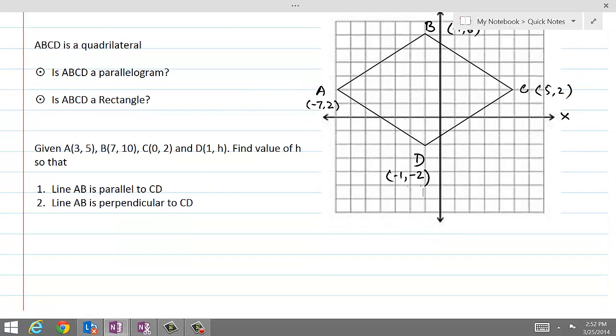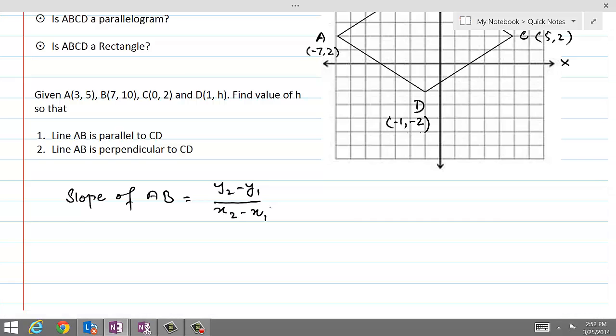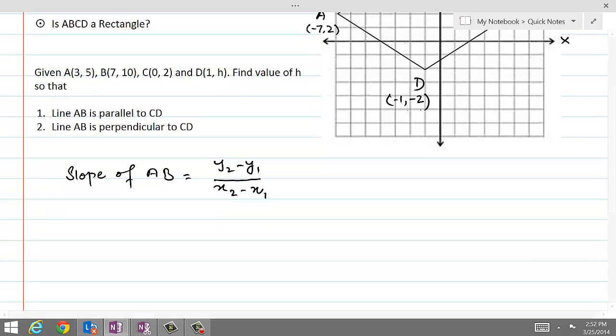So slope of AB is equal to, we'll use the formula y2 minus y1 over x2 minus x1. The starting point can be labeled as x1, y1, and the end point can be labeled as x2, y2. So doing this will give us 6 minus 2 over -1 minus 7.